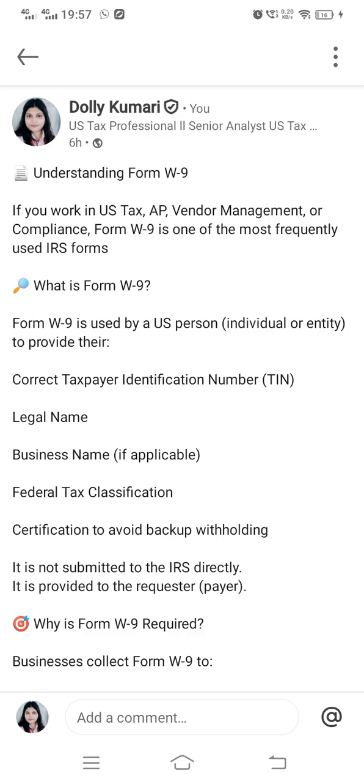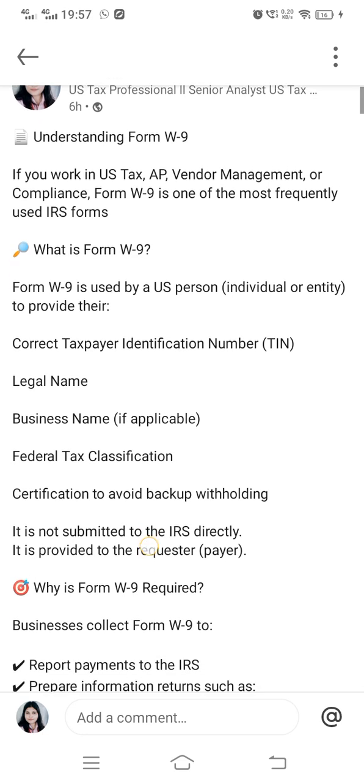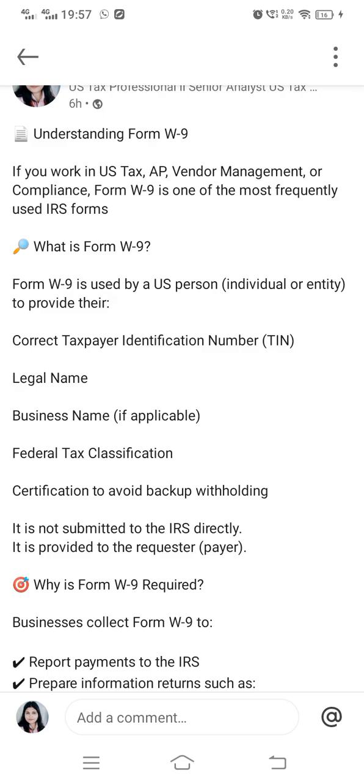So if you want to provide your tax information to your payer, you should fill this form, and your payer will acquire this form from you, so they can have a record of your taxpayer identification number, your legal name or business name, and federal tax classification.